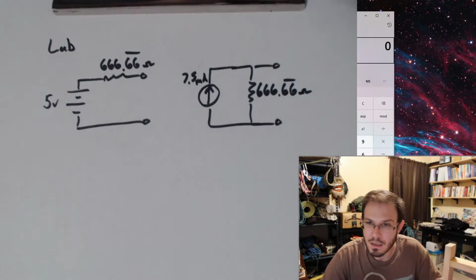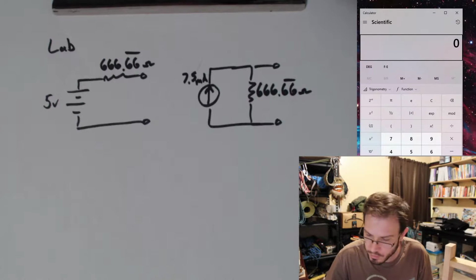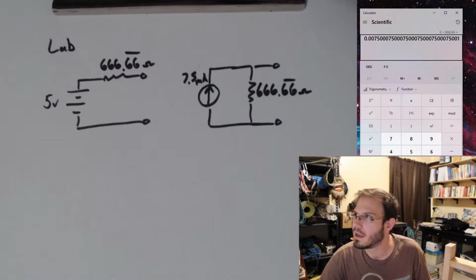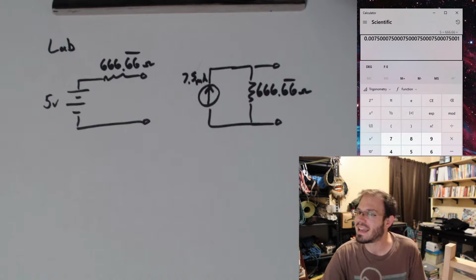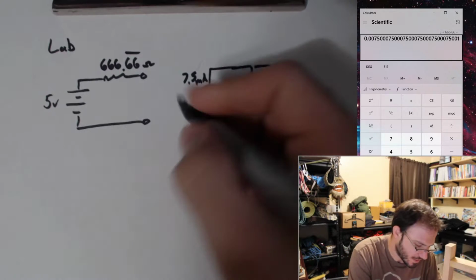666.66. I'll put my calculator over here, and we'll do 5 volts divided by 666.66. And look at that. We got 7.5 milliamps.